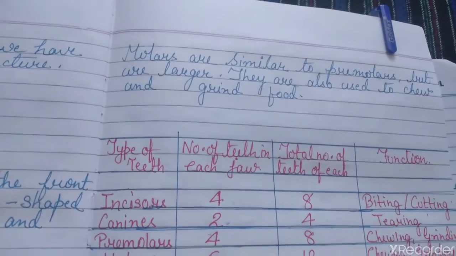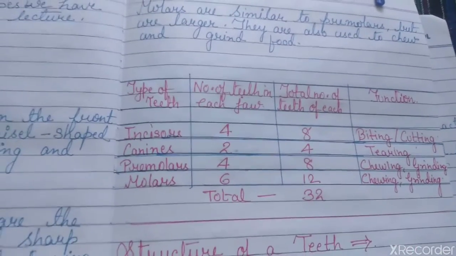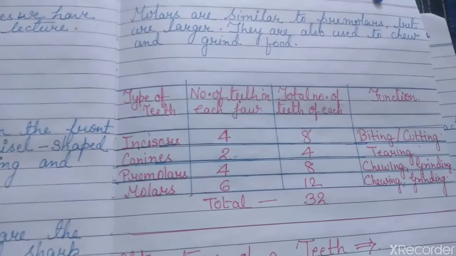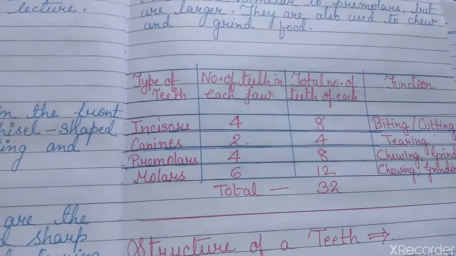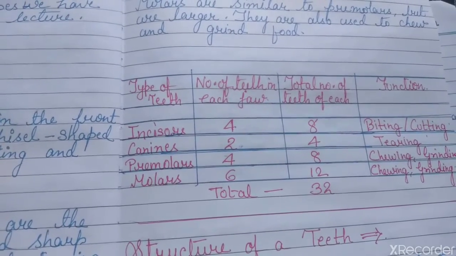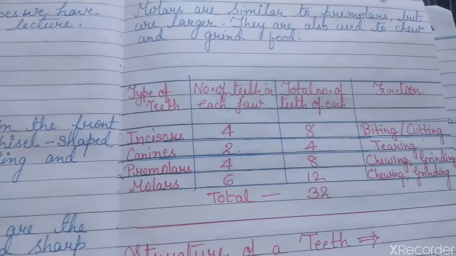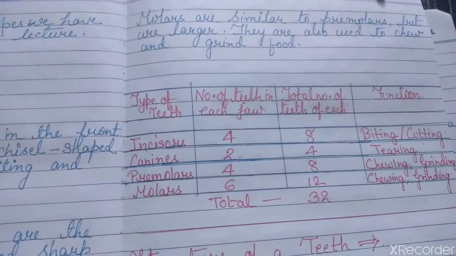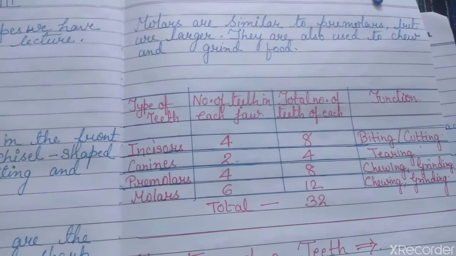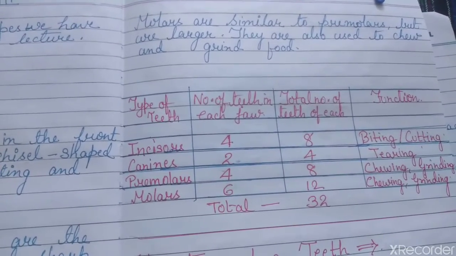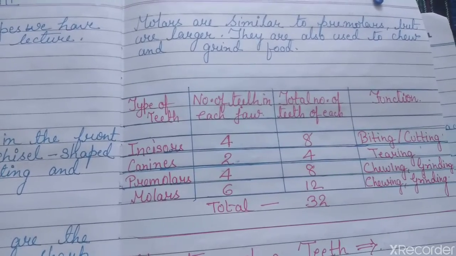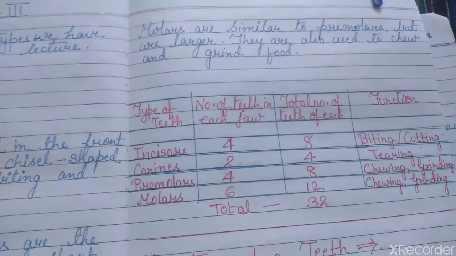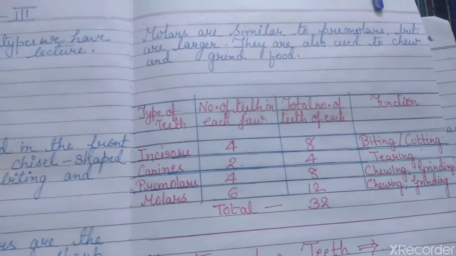Now, according to this table, you can understand how many teeth of each type are present in each jaw, because your mouth has 2 jaws. Each jaw contains four types of teeth: incisors, canines, premolars and molars, in certain numbers, each with its function while we are taking food.